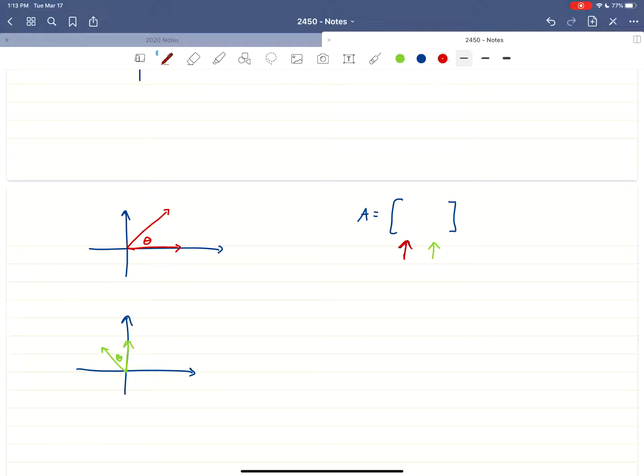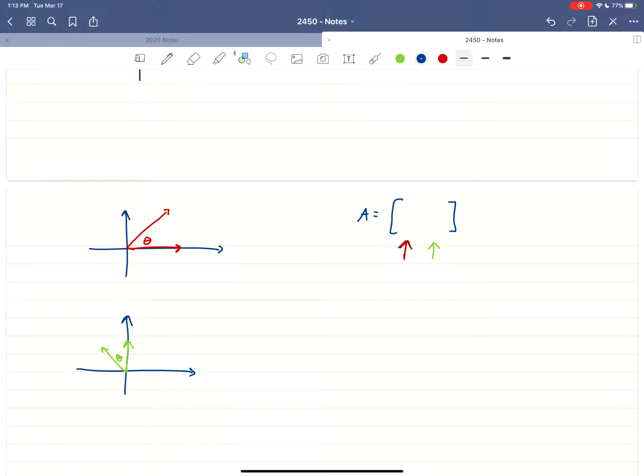So this is the vector (1, 0), and (0, 1). Both are supposed to be unit vectors, in other words, have length 1. So I'm not worried about the length, I'm just worried about where that point ends up.